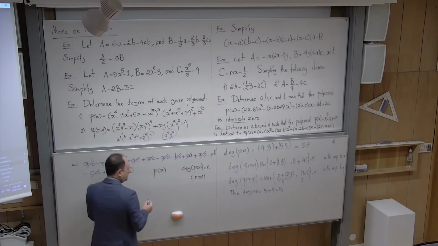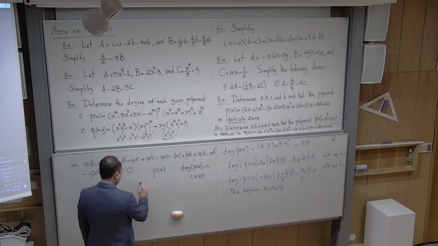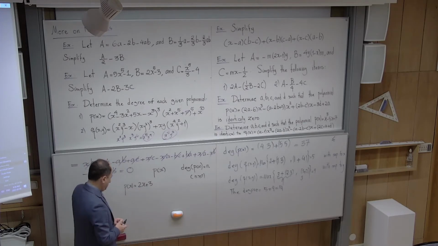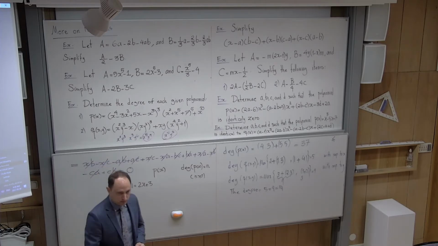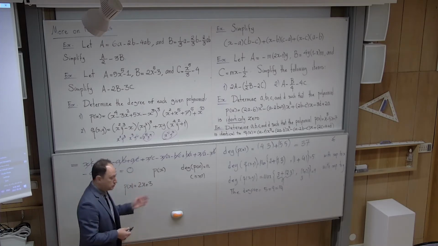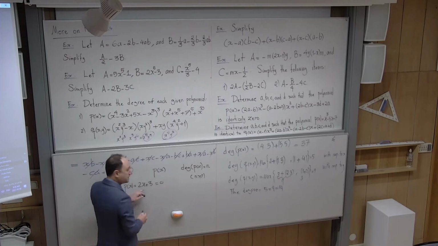So what do I mean? For example, if you have a first degree polynomial, p(x) = 2x + 3, you cannot have more than 1 zero. Of course, you already know for a first degree polynomial, I have exactly 1 zero. If you put this equal to 0, how many answers you get for x? Just exactly 1.